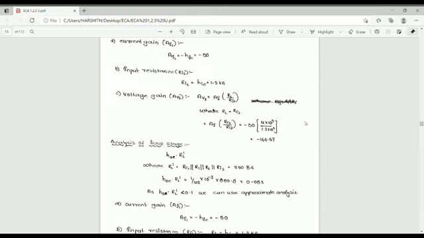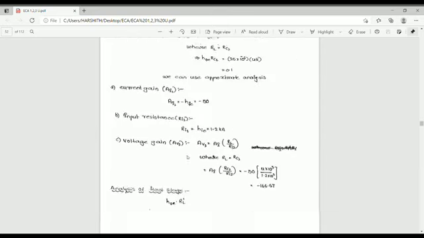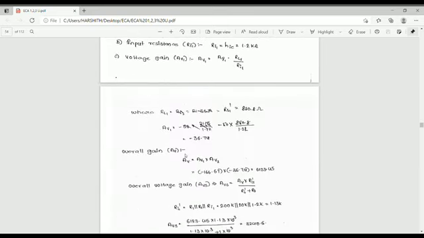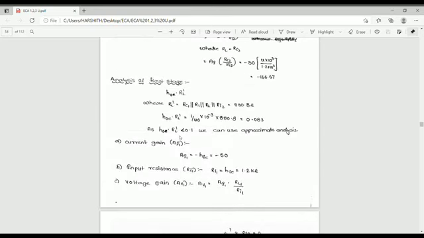So AI1 equals minus HFE, which is minus 50. And input resistance is RI1, the first stage input resistance. RI1 equals HIE, and HIE value is 1.2 kilo ohms.